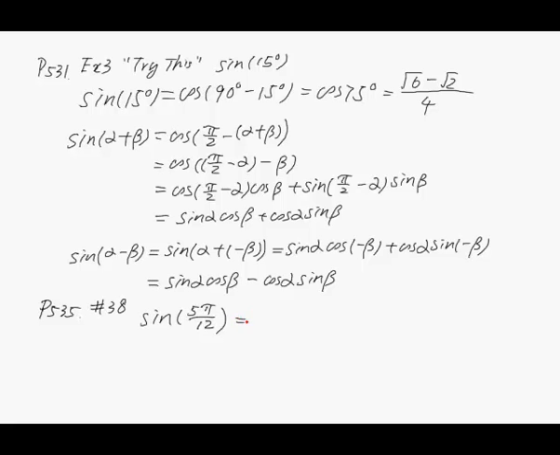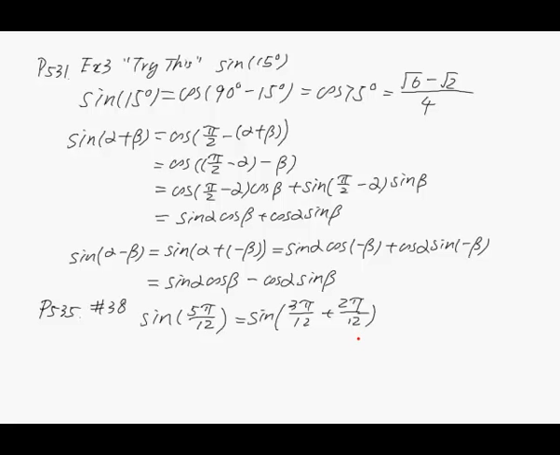So now you have the sine of 3 pi over 12 plus 2 pi over 12. And after simplification, we know 3 pi over 12 is equal to pi over 4, right? And 2 pi over 12 is equal to pi over 6.